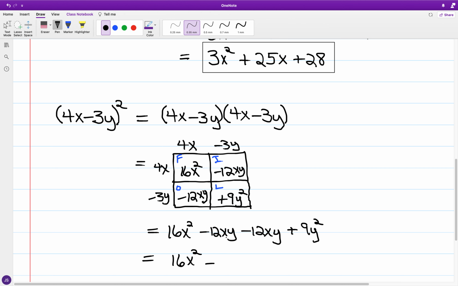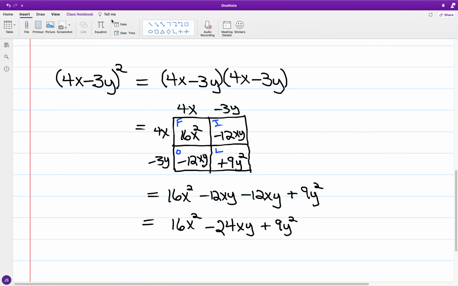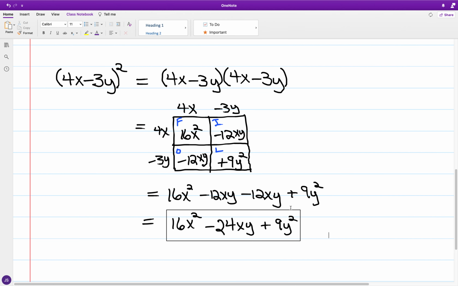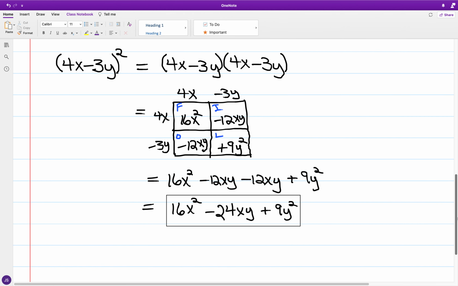They're first degree in both x and y, and they have all the variables in common as well as the degrees. So we have a negative 24xy. Then the last term, plus 9y squared. It doesn't matter what order you display the final result, as long as you have these three terms, you're good to go.